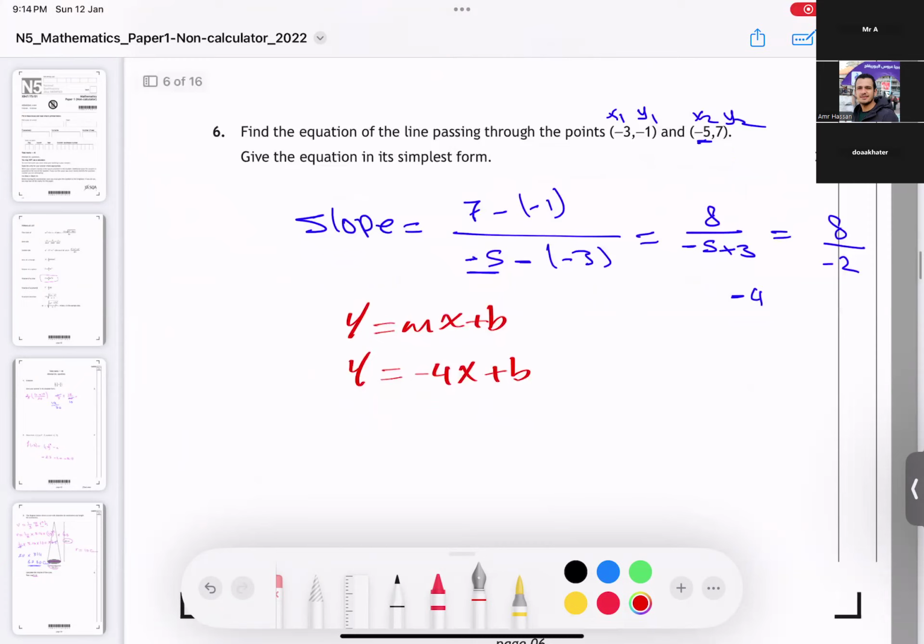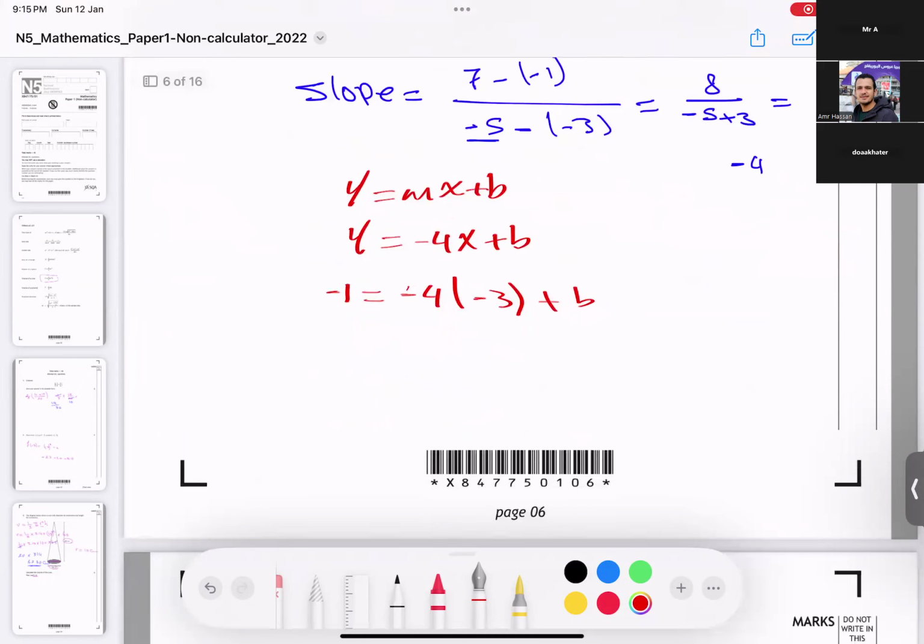Okay. So instead of writing y, I'm going to write -1, which equals -4 multiplied by -3 plus b, right? Switching, -1 equals 12 plus b.